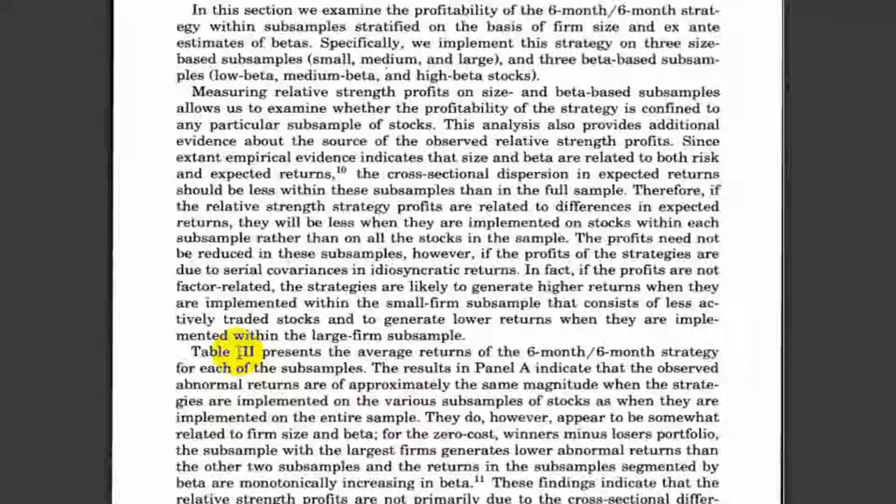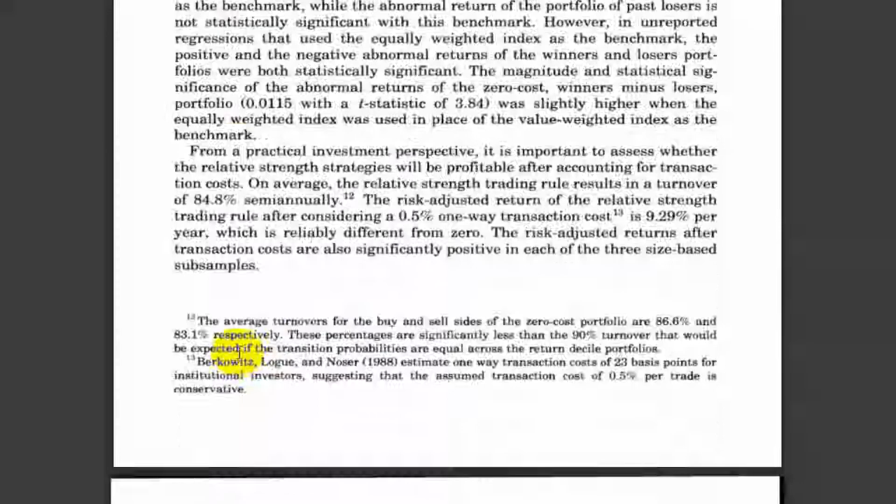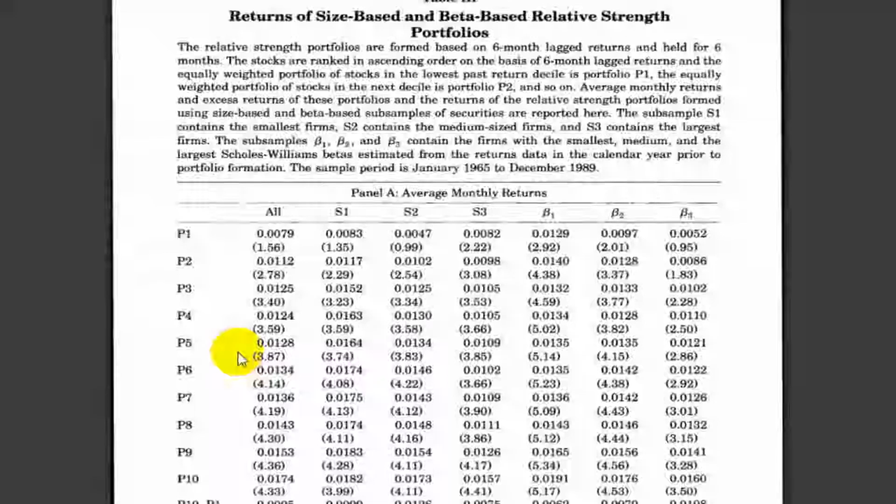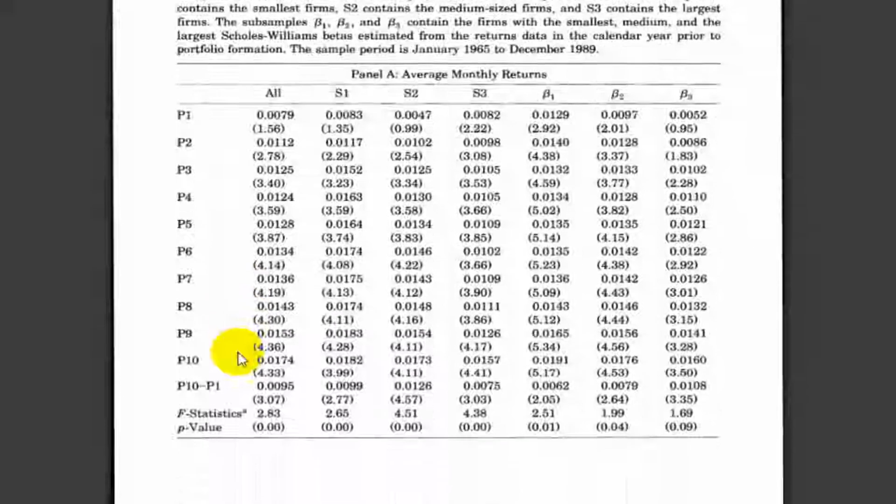Alright, so let's go down to table 3 where the results are displayed. Okay, so here we have a similar table to what we've seen before. If you remember, portfolio 1 was the losers, the ones with the lowest past 6 months returns, and portfolio 10 is the winners, the ones with the highest past 6-month returns. And here we have all of the stocks for each of the equally weighted portfolios.